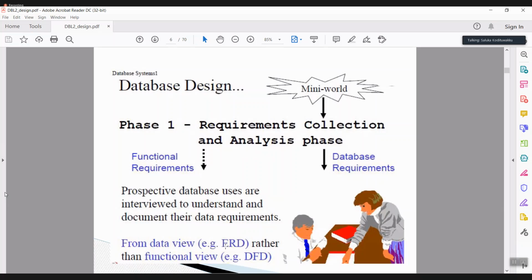The ERD, entity relationship diagram, is the data view of our database, whereas the data flow diagram is the functional view. It explains what kind of functions are to be applied or operated, what data is to be passed from one operation to another, and those kinds of things.